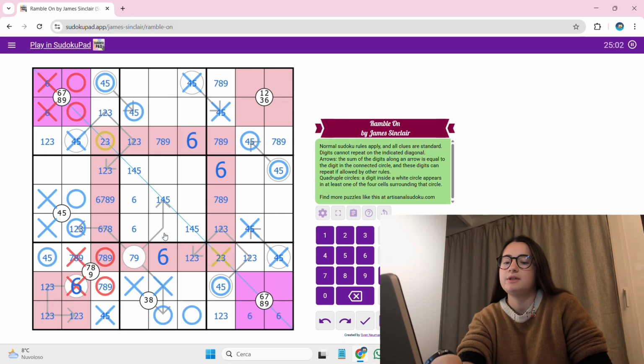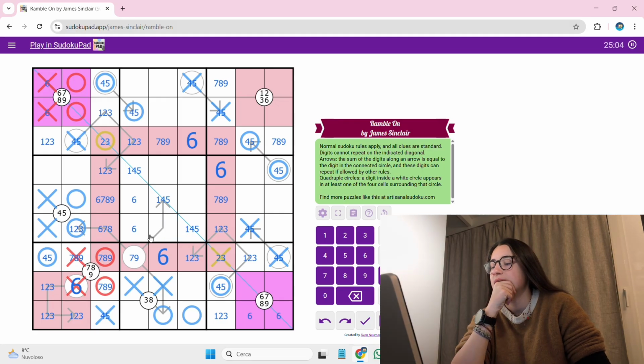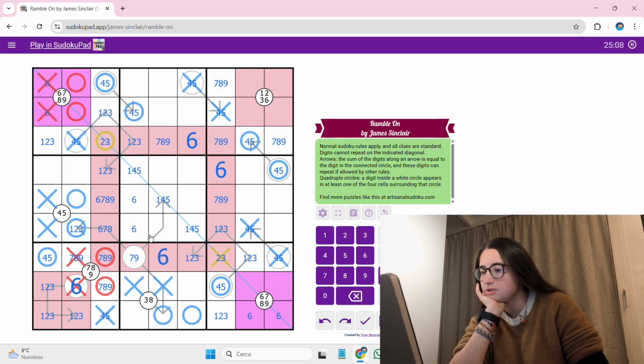No, we have too many options, combinations, I think. So the 8 must be in here. Does this help at all? I don't think so. It has to be here. So what? Nothing.